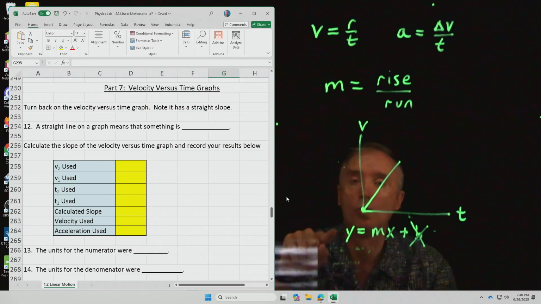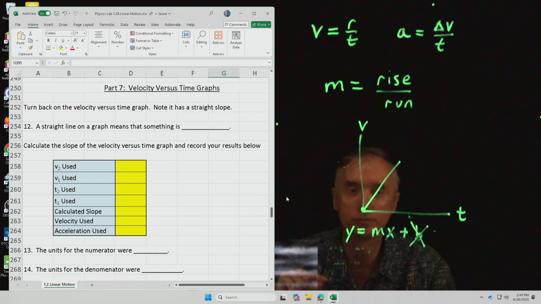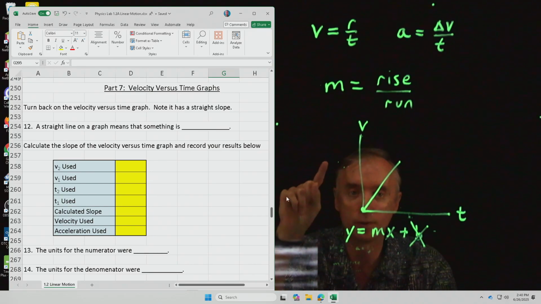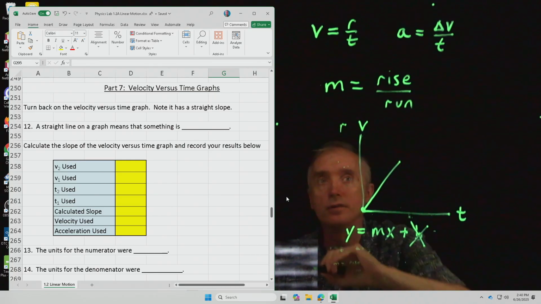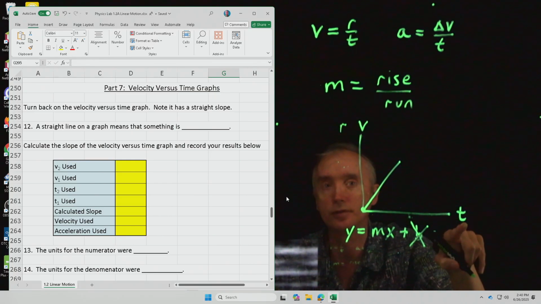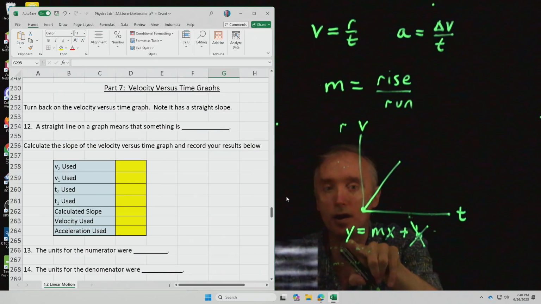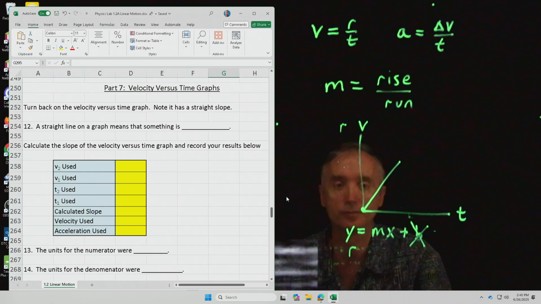Now, y, when it was a position versus time graph. So we're not at part 7 yet. In part 6, it was a position r versus time graph. So instead of the letter y, let's substitute the letter r for position.